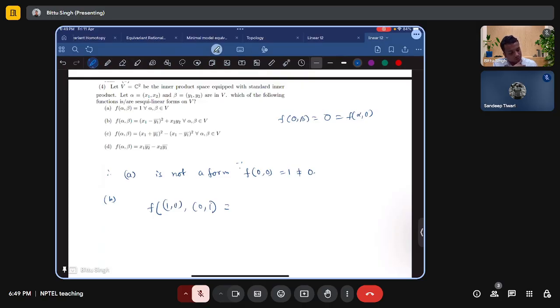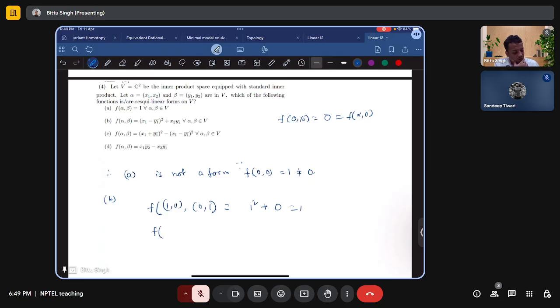The first thing will become x1 minus y1 bar, so that is 1 square plus x2 times y2 bar, that is 0 times 1, so 0. This is 1.